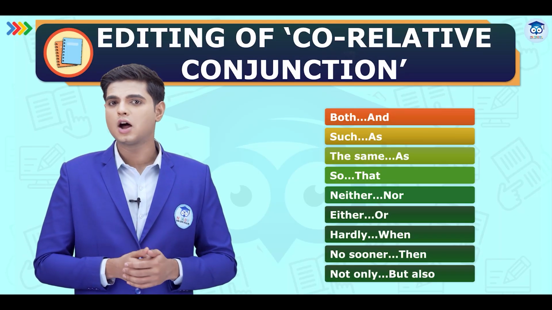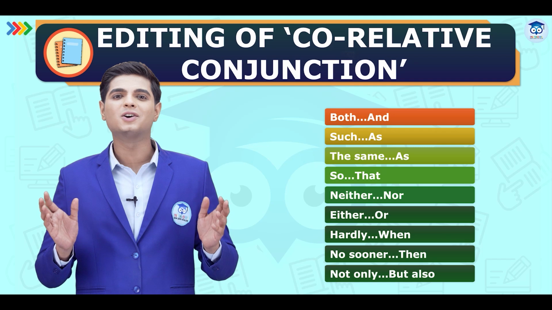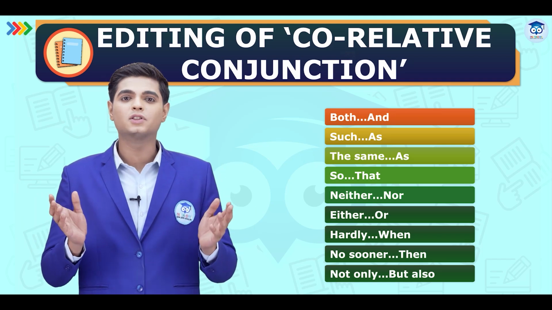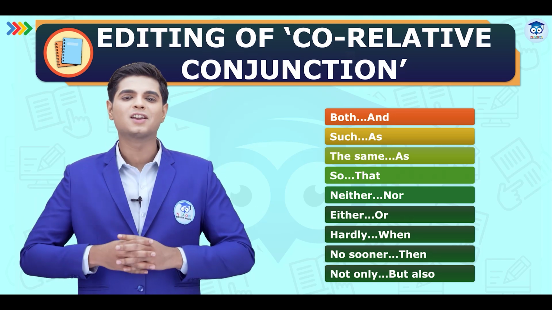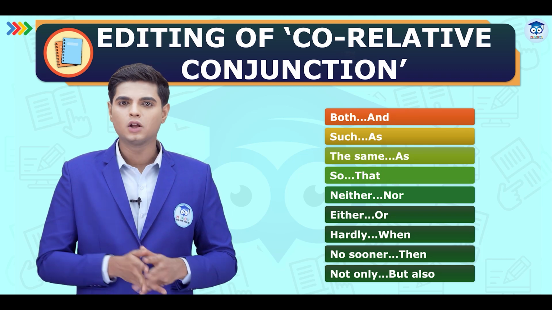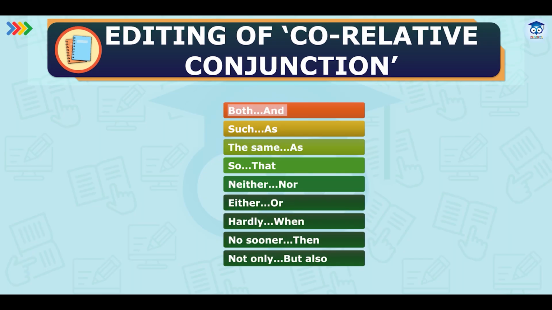Correlative conjunctions are pairs of words that work together to connect ideas and add emphasis or clarity to sentences. Some common pairs include both and, such as, the same as, so that, neither nor, either or, hardly when, no sooner than, and not only but also.